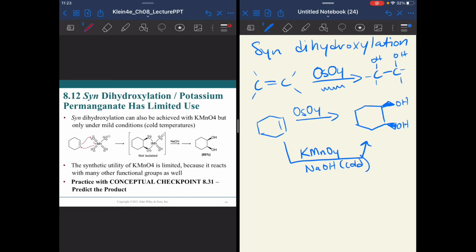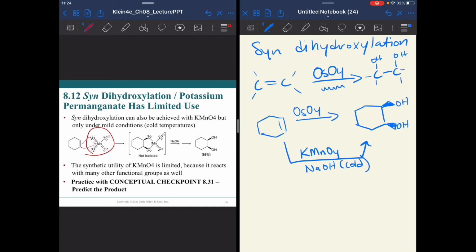We're going to see in a minute why, when you heat it up, you could get different products. But osmium tetroxide and KMnO4, in cold conditions, can both give you syn-dihydroxylation. If you look at the structure of the permanganate ion, that manganese is between 4 oxygens, and it goes through very, very similar steps to osmium tetroxide.